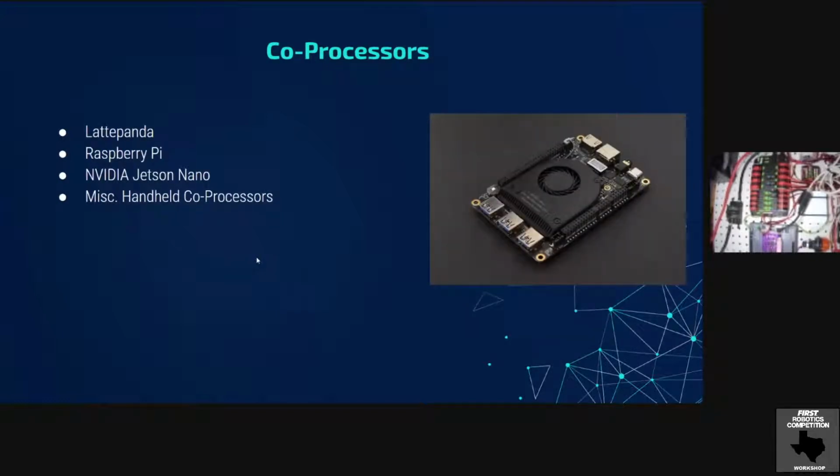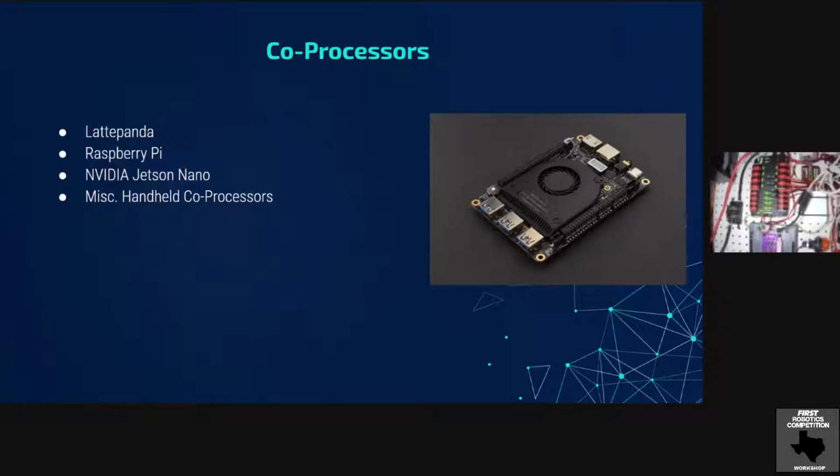So the other thing is coprocessors. This is going to focus and rely on programming, in that the programmers are the ones who are going to be using this stuff most likely, because any coprocessor on your robot would likely be for some kind of vision software.